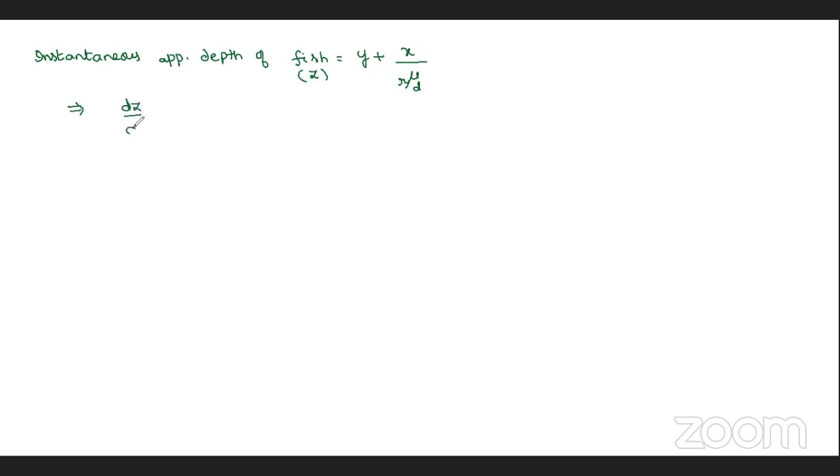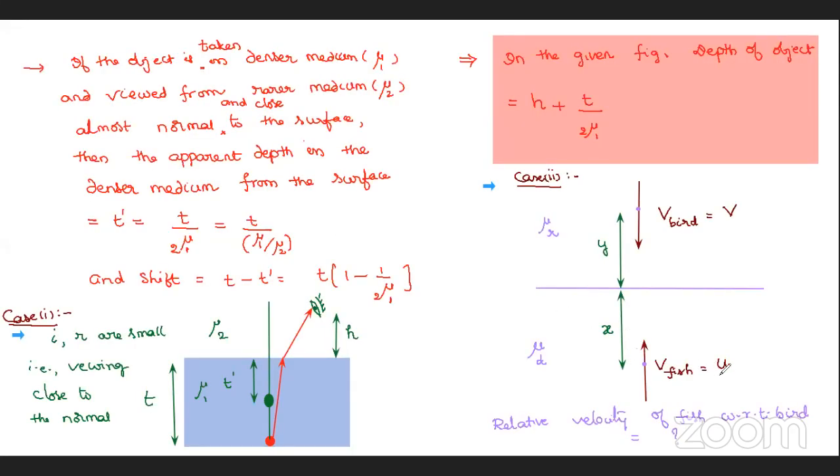So dz by dt equals dy by dt plus, will you do this in the method of u by v? Sir, that is constant. Very good. So 1 by mu of denser with respect to rarer into dx by dt. Who is dx by dt? u.